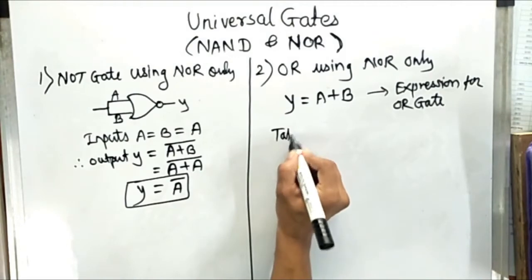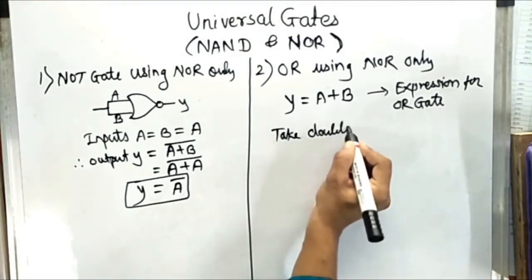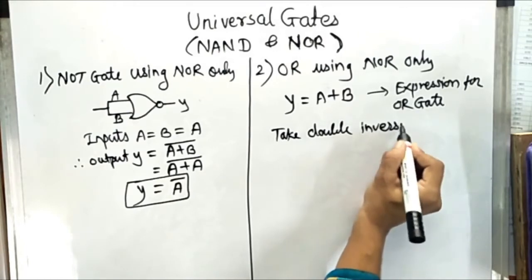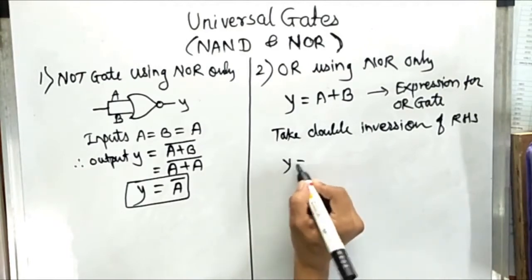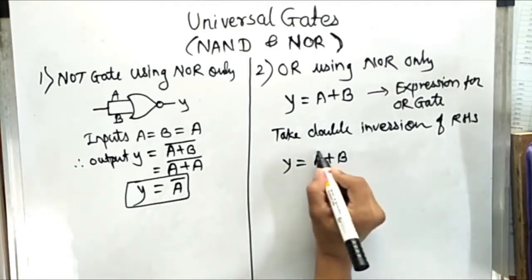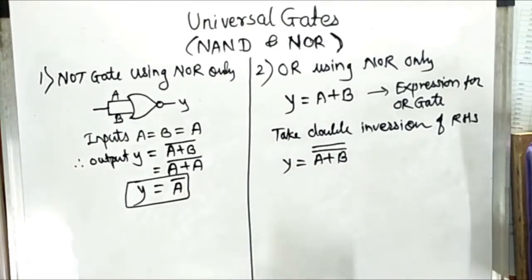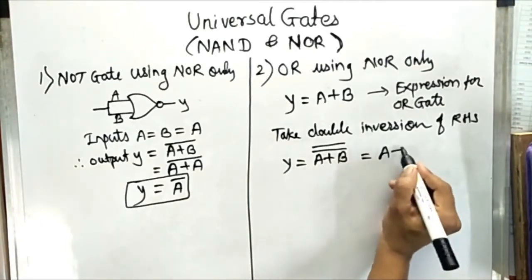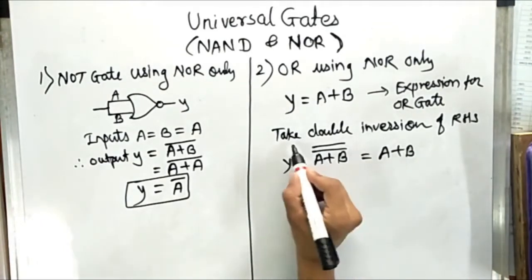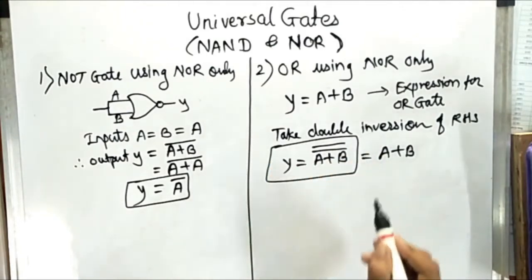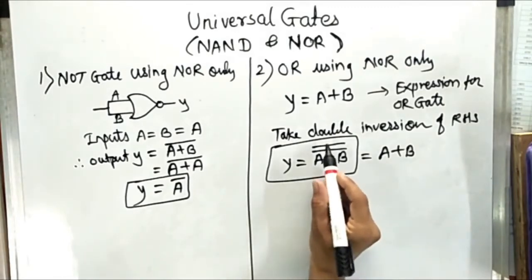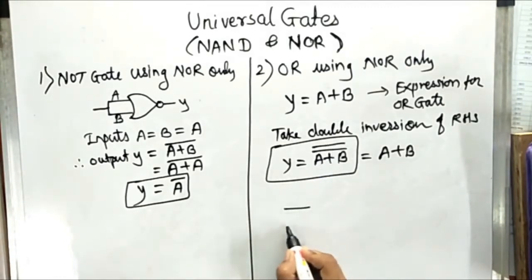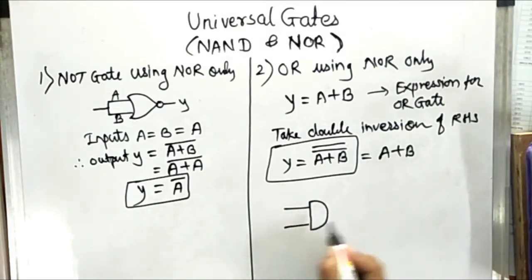Take double inversion of the RHS. What will we get? Y equal to A plus B double complement. And we know that according to the double complement law, it is equal to A plus B. So this is the required expression to construct the OR gate using NOR. So we have to use one NOR gate and one NOT gate at the output to construct this expression.